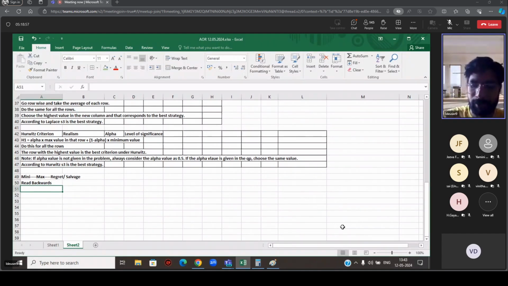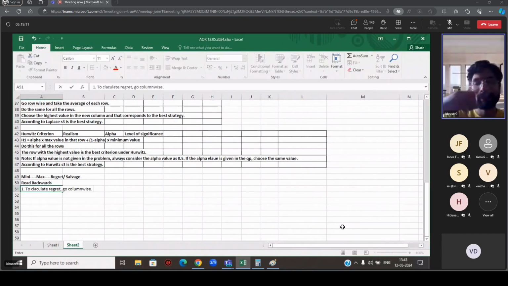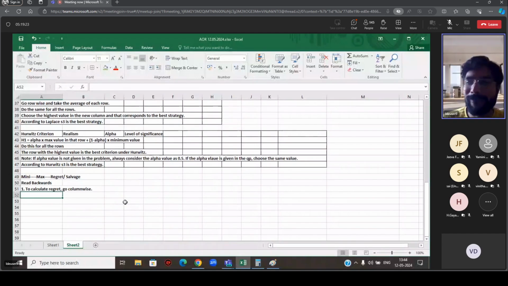So what you have to say here is, first step, to calculate regret. To calculate regret, go column wise. This is very important. Previous method வந்து we went row wise, whereas to calculate regret, go column wise.